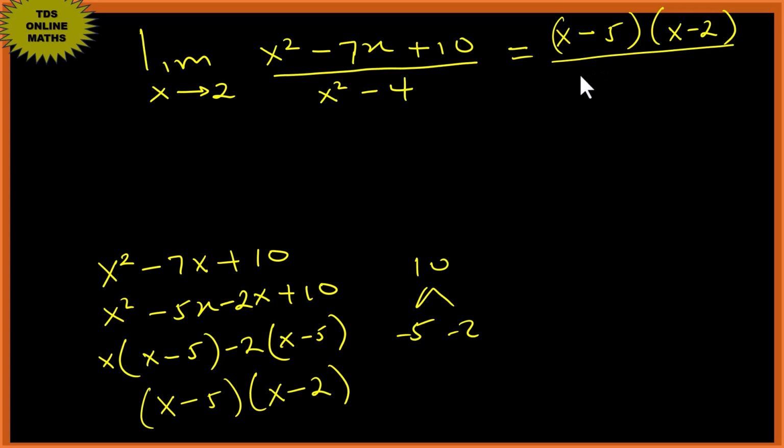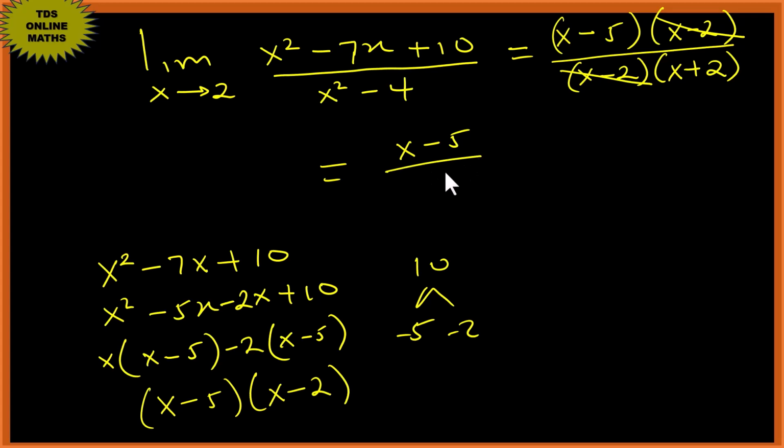On the denominator, we can write it as x minus 2, x plus 2. So this one will cancel this, and I'll be left with x minus 5 on x plus 2.